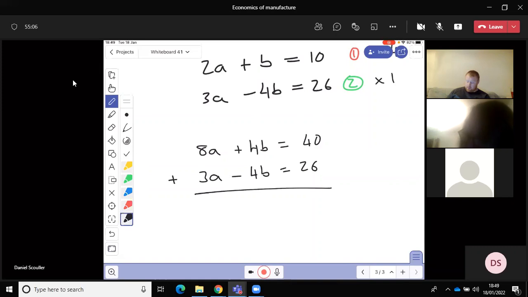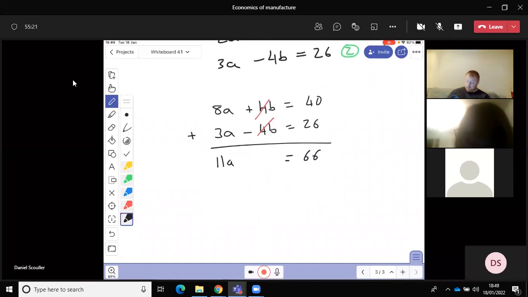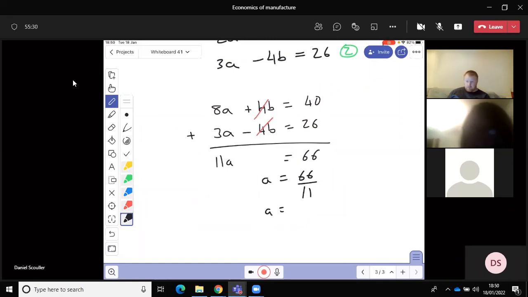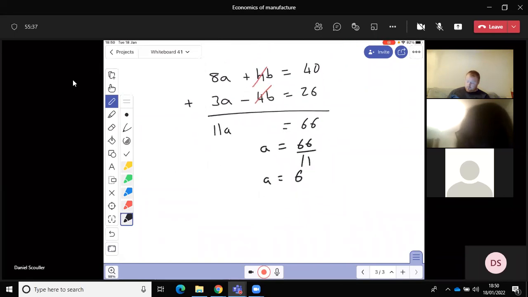We've got 4a plus 3a, which is 7a, and 40 plus 26 is 66. Those terms eliminate each other, and A is equal to 66 over 11. A is equal to 6.